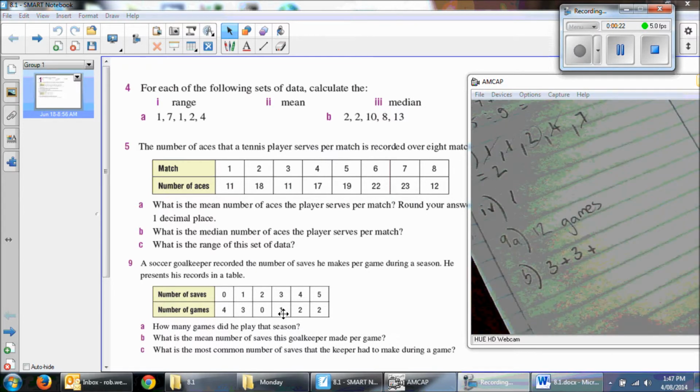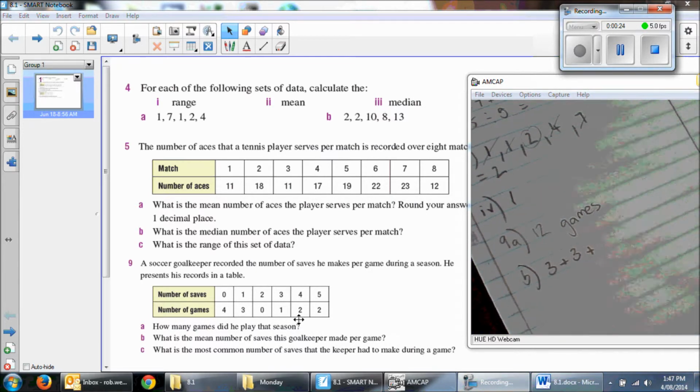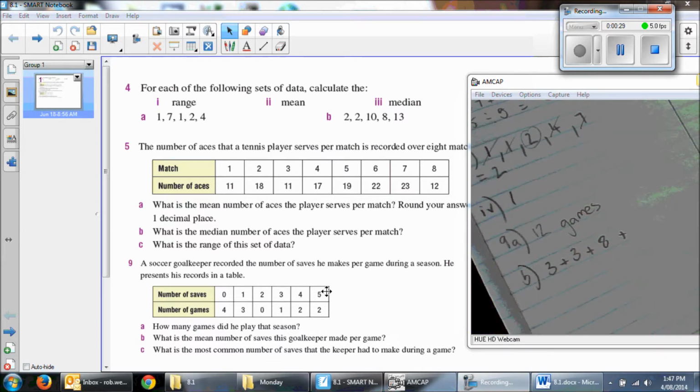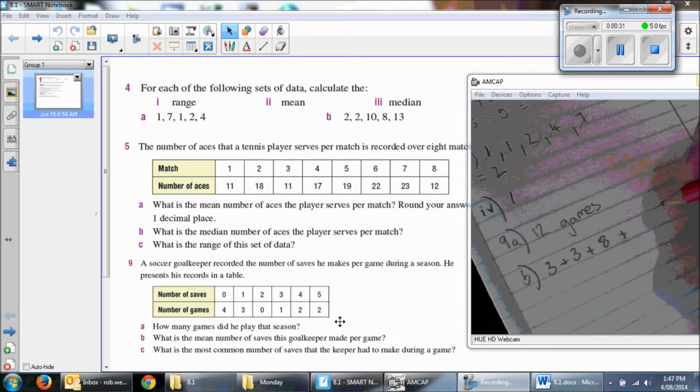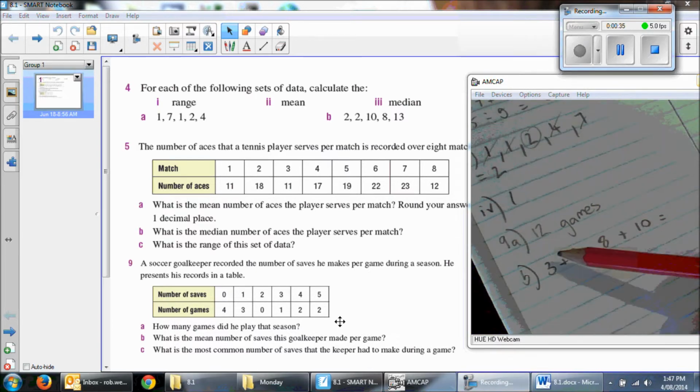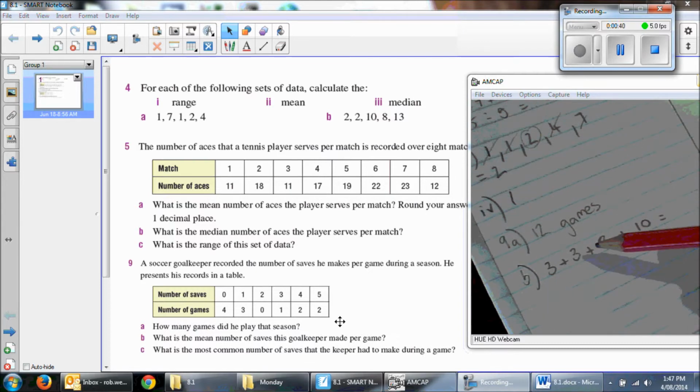He made 4 saves twice, so that's a total of 8 saves. And he made 5 saves twice, so that's a total of 10 saves. So here we've got 3 plus 3, 6, 14, and 10 is 24.